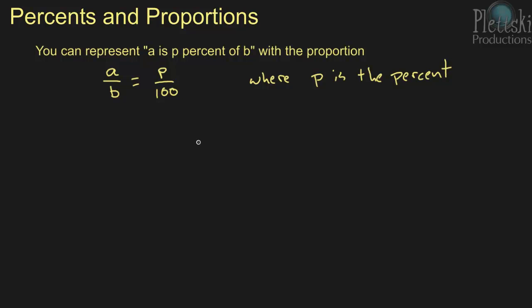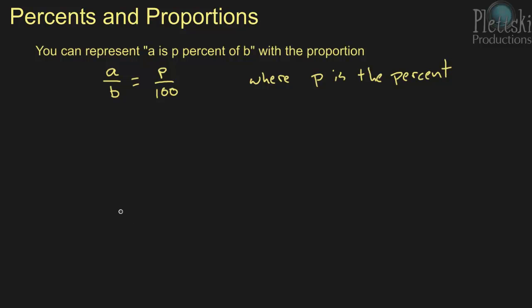You can represent A is P% of B with the proportion A over B equals P over 100. And this is where P represents the percent. And remember, percent means per 100. So if P is a number, let's say 50, this would be 50% because it's 50 per 100.